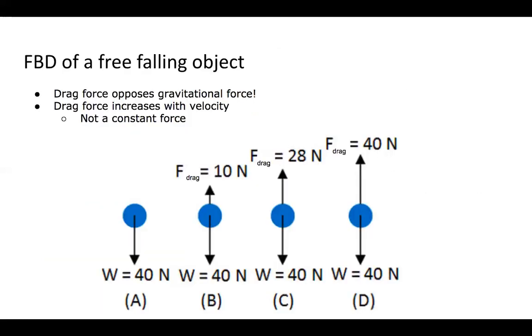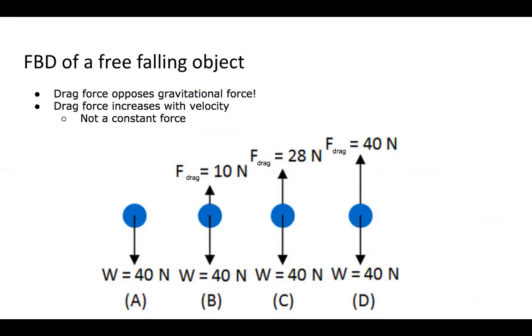I provided free body diagrams of a free-falling object. In free body diagram A, we see that the object is released from rest and only has weight acting on it. As the velocity increases in B, C, and D, we see that the drag force increases as the velocity increases, while the weight stays constant.